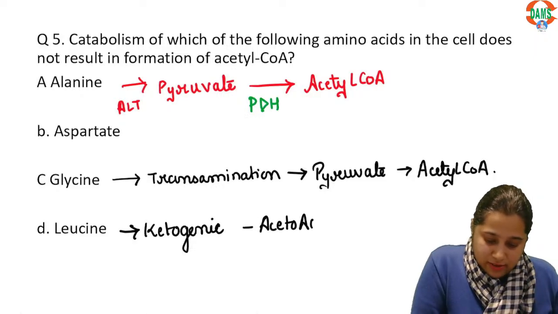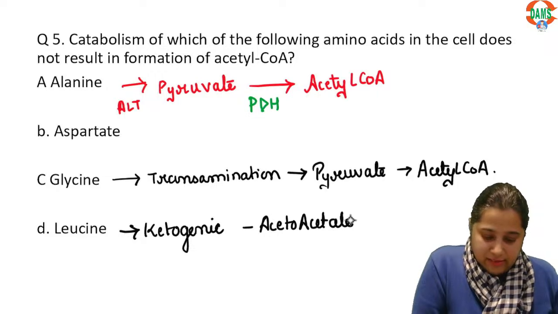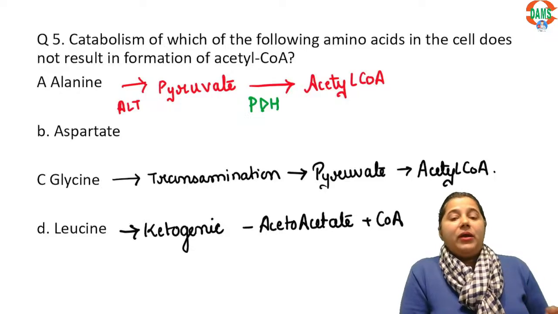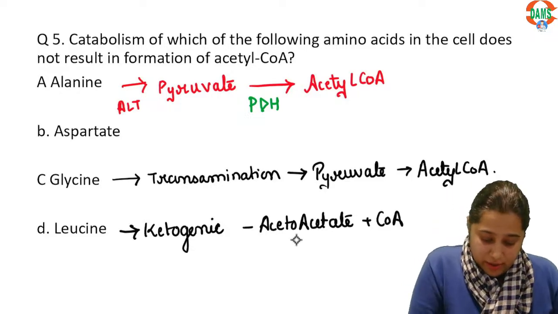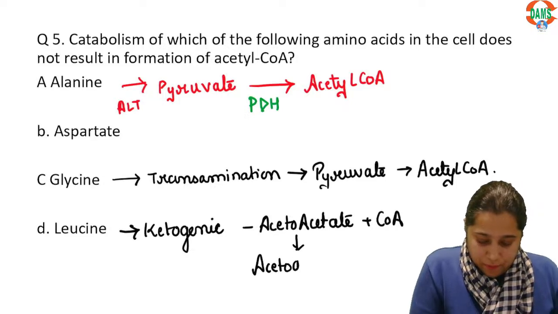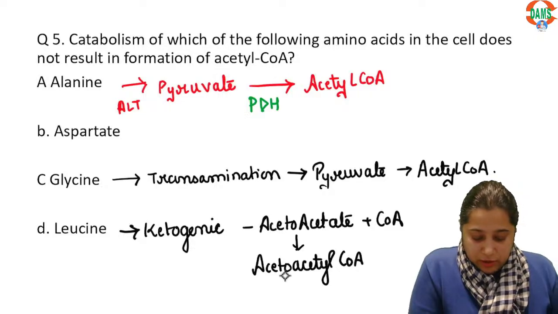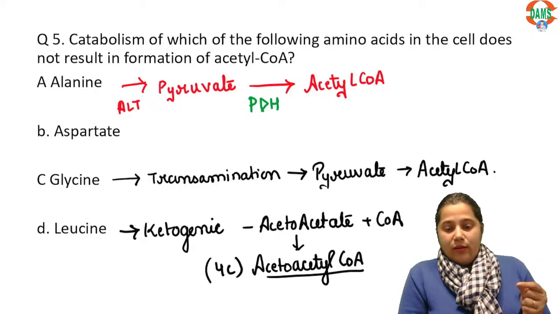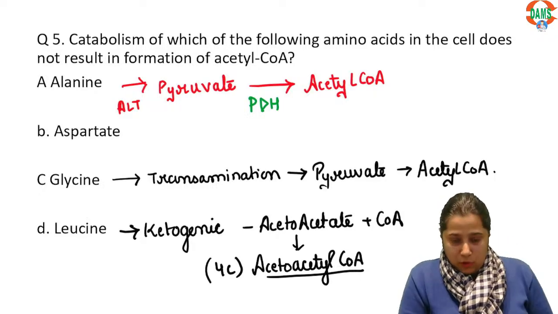To the acetoacetate, we will add CoA so that it becomes acetoacetyl-CoA. Now this is having 4 carbon molecules. Acetoacetyl-CoA is having 4 carbon molecules.